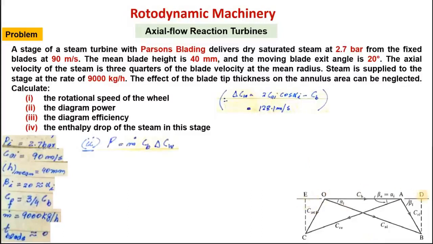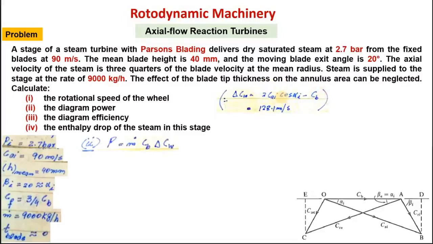If you draw it on the scale, there will be some error, so the value will not be exactly the same as this one, 128.1. So it's better to use the equation than the graphical method, because the graphical method will give some error. I would prefer to use the equation, so you can easily remember this equation for 50% reaction turbine.